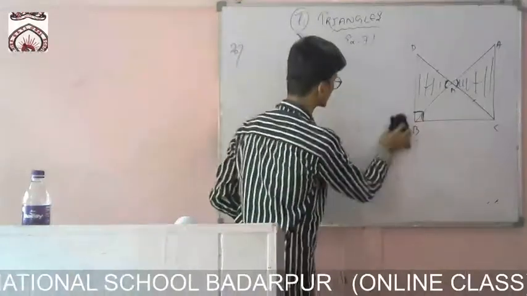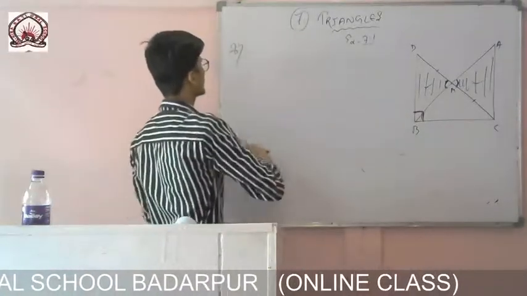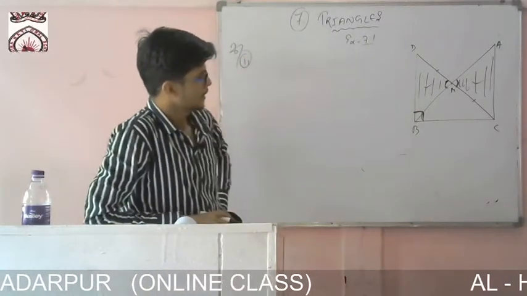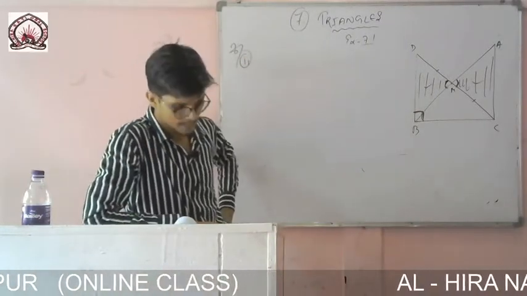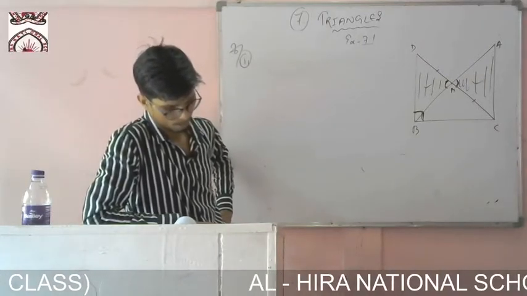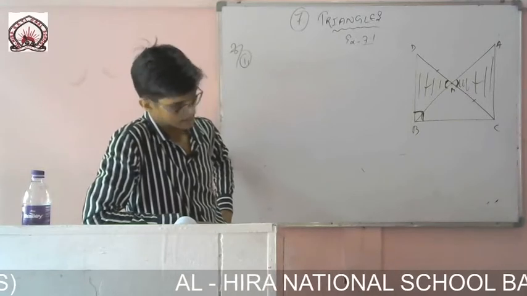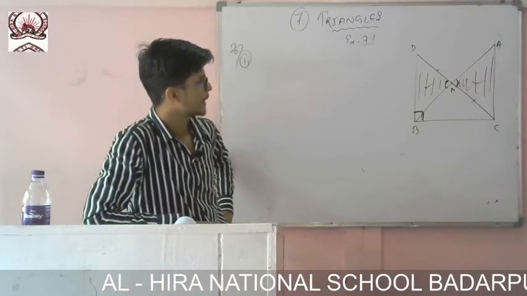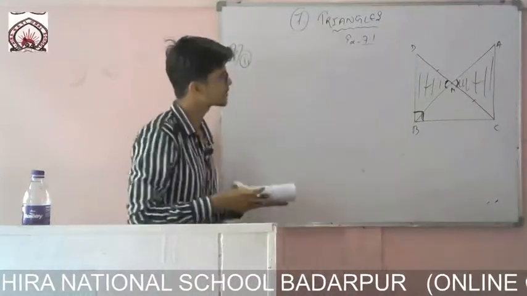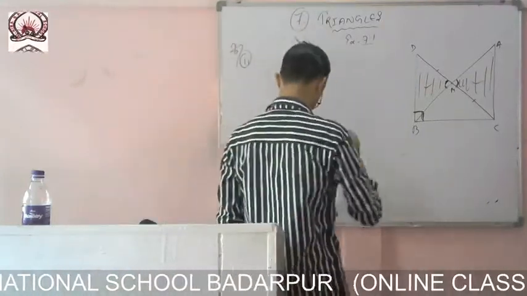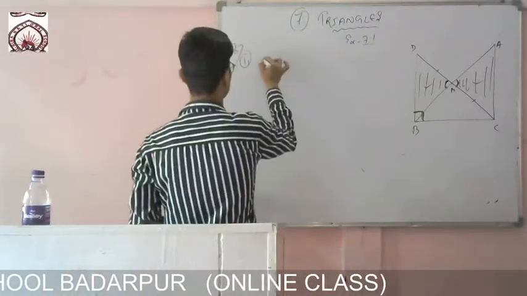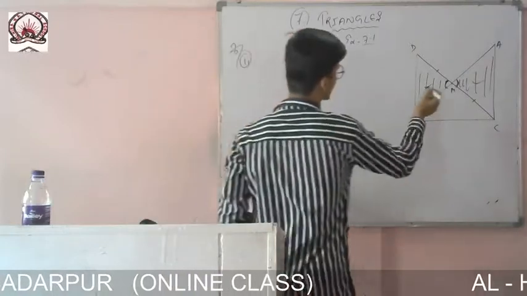So now let us move to the next part, Roman numeral 2. What you have to prove? You have to prove that DBC is a right angle. Okay, let me show it like this. Just now I have proved that these two triangles are congruent.